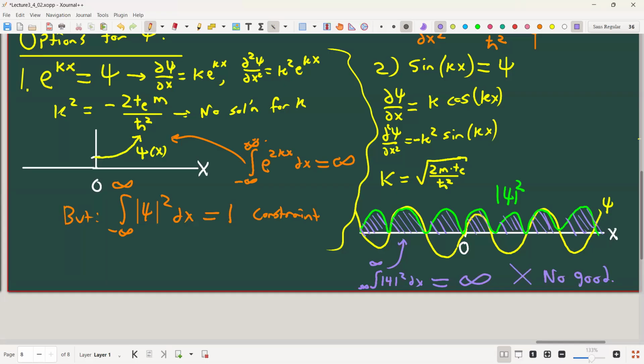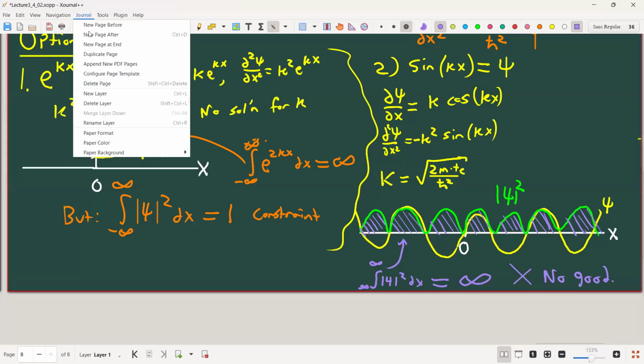And that means that the integral of the function over the entire possibility of places for the particle to be has to be 1. And the fact of the matter is there's infinite places for it to be, so the integral is infinite.